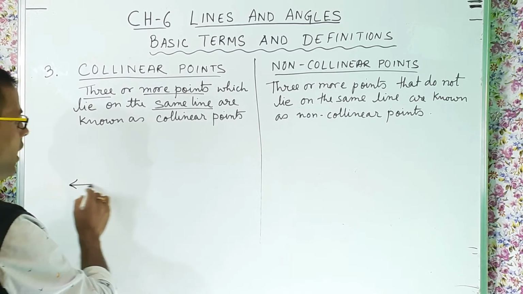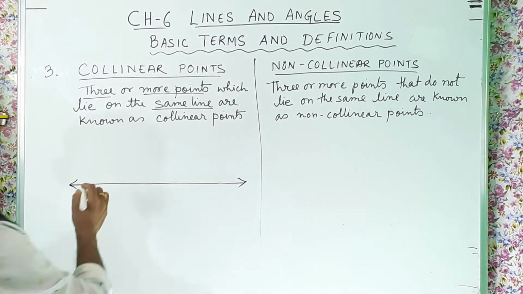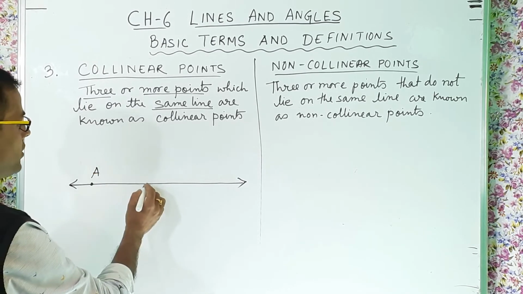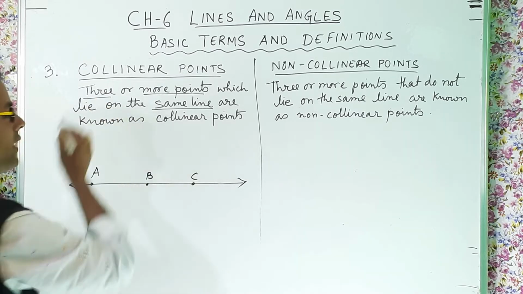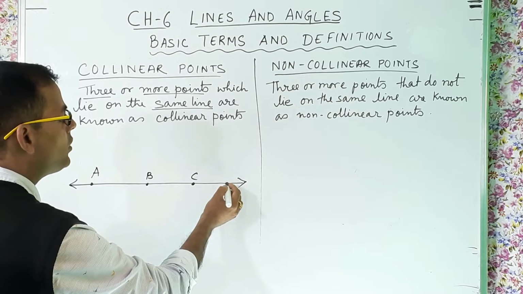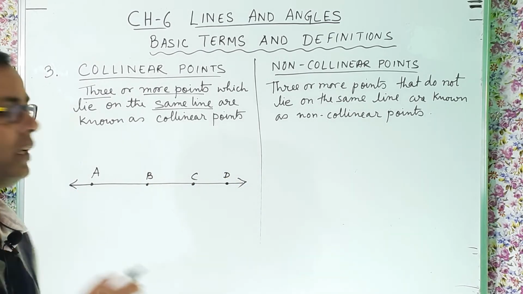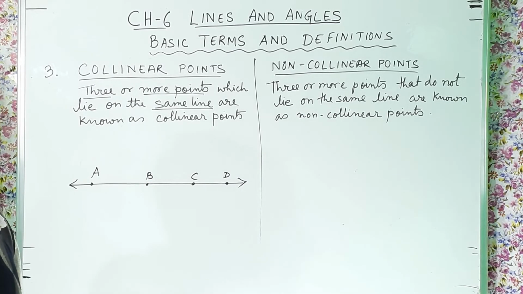So suppose there is one line, and I say this is point A, this is point B, and this is point C, because they told three or more, you can take a fourth one also as D. Then all these points are lying on the same line, so these points are known as collinear points.